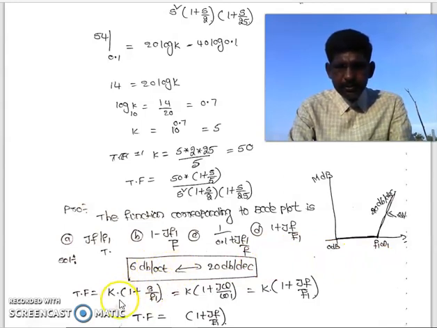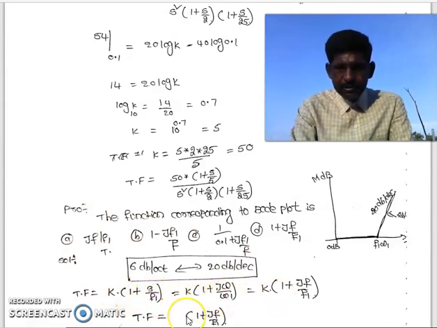So the transfer function equals k, as the initial slope is 0. After that, the slope has been increased by 20 dB per decade at a corner frequency omega 1. So the transfer function equals k into 1 plus s by omega 1.